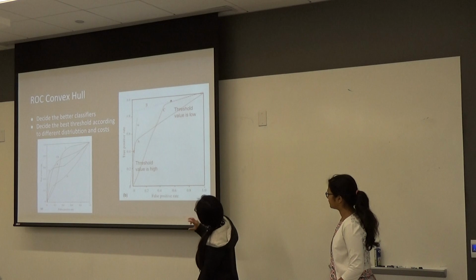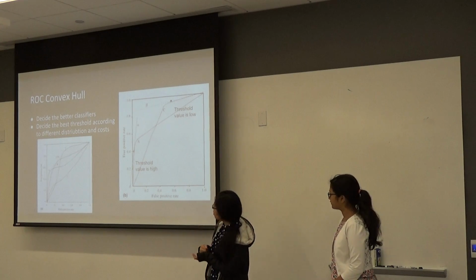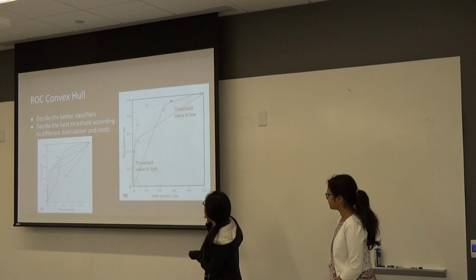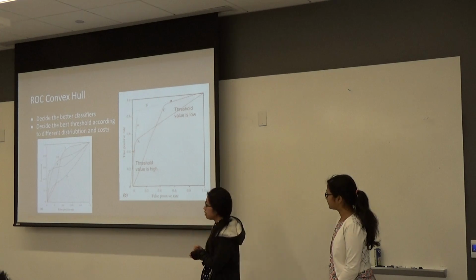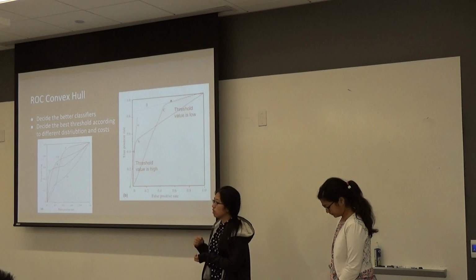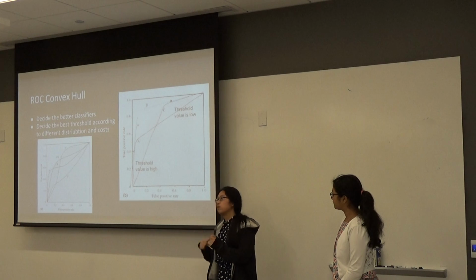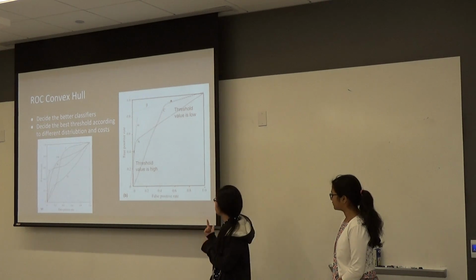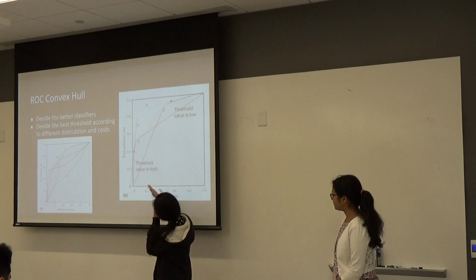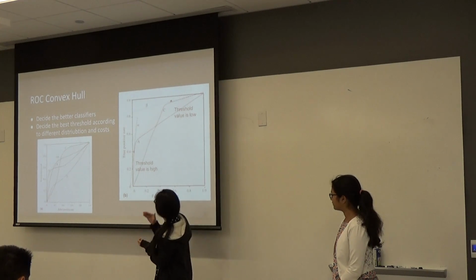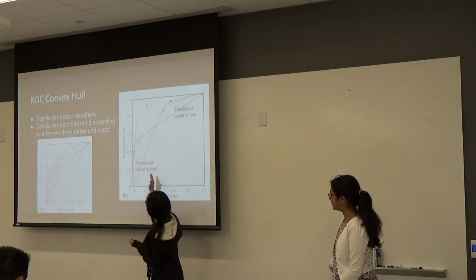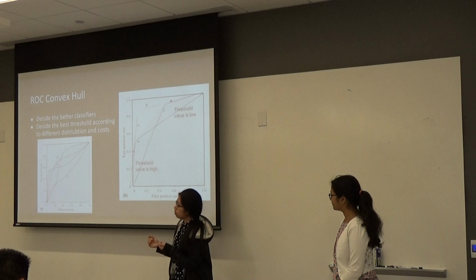Given this convex hull, we can decide which are the better classifiers, and we can also decide the best threshold depending on the misclassification cost and the class distribution. In the end, the cost is measured by multiplying the wrongly predicted examples by each of the costs. So if you have the same cost for misclassification but a lot more negative samples, you want to choose a high threshold, close to the 0 point, so that you don't generate a lot of wrong examples.